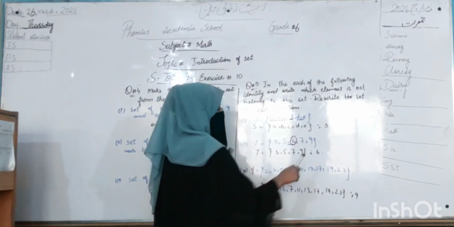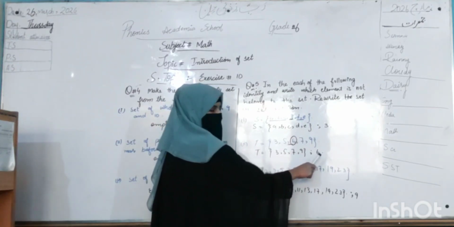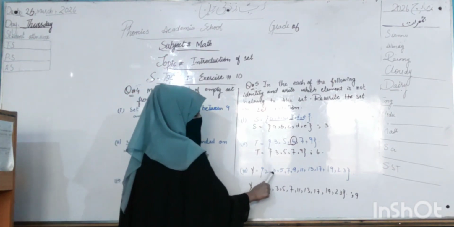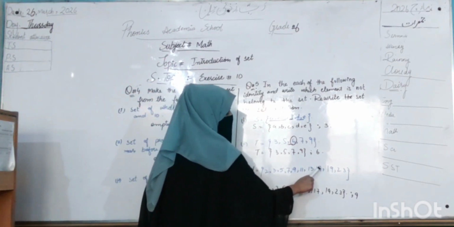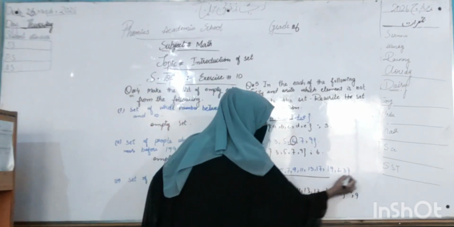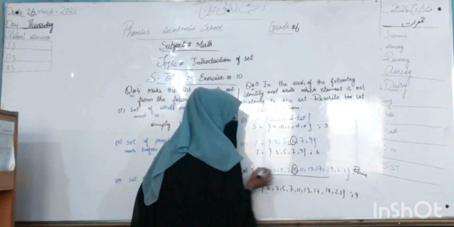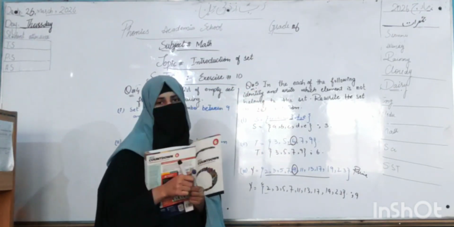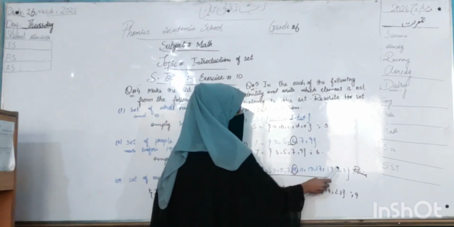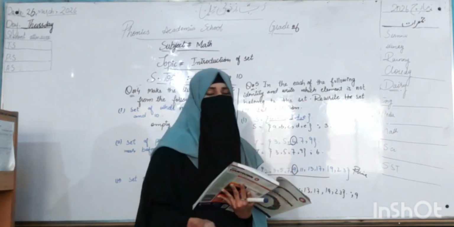Write in a bracket, and after that the element that does not belong, we write 6 at the start of the bracket. Last part of this question, Y is equal to {2, 3, 5, 7, 9, 11, 13, 17, 19, 23}. So students, you see that these are prime numbers, but only 9 is not a prime number. You see that 2, 3, 5, 7, 11, 13, 17, 19, 23 come only in the table of 1 and itself.